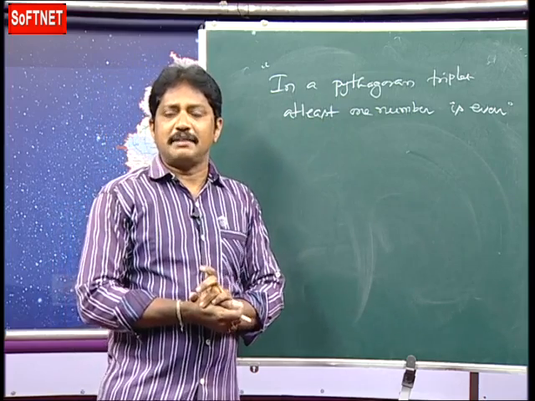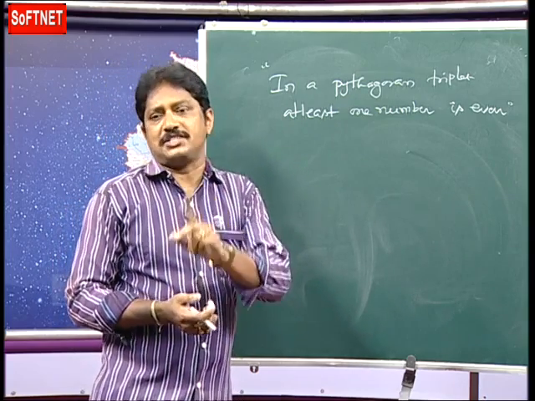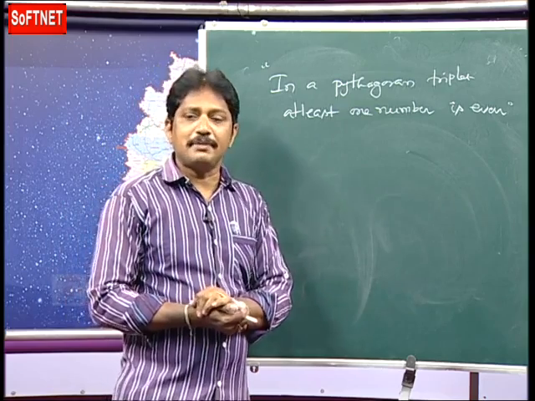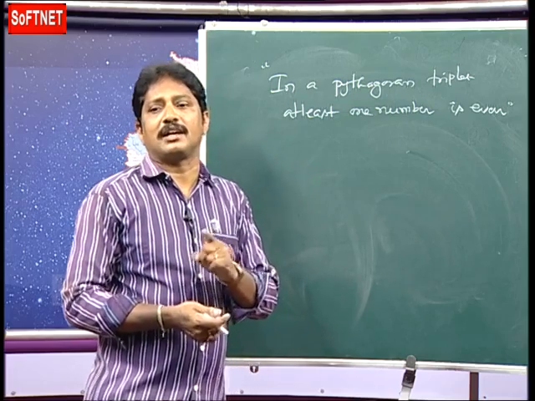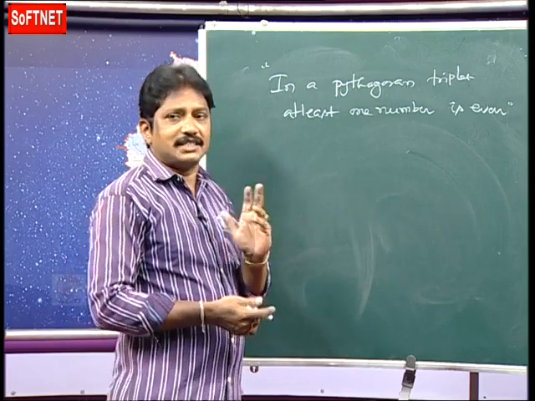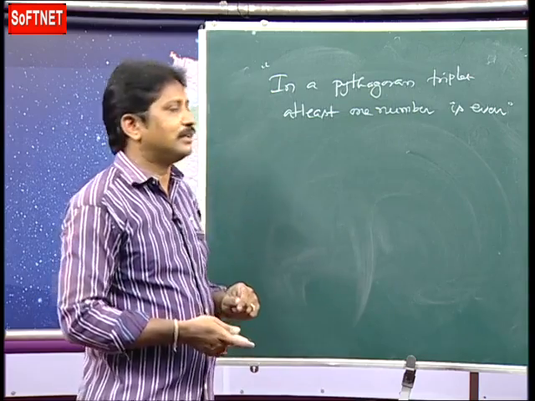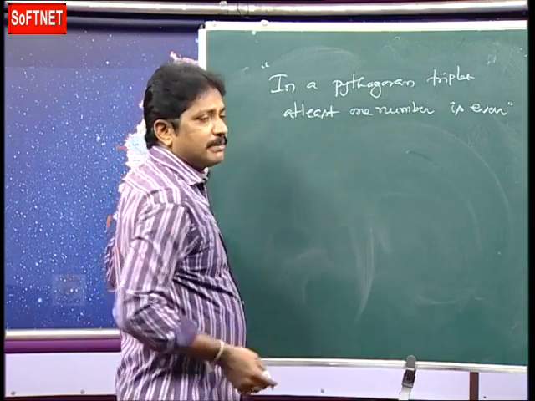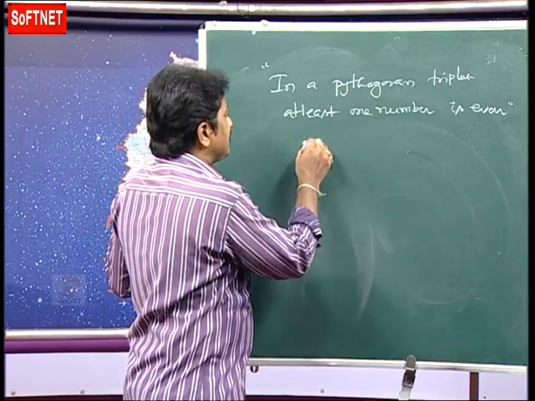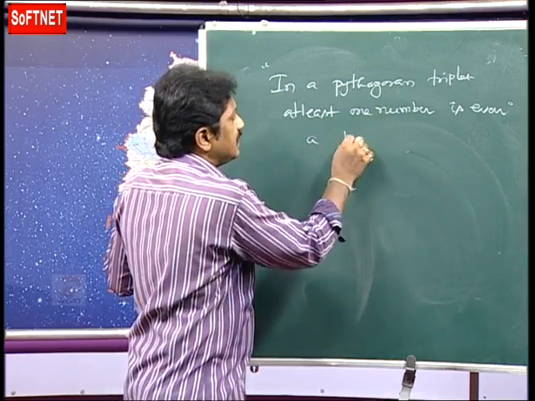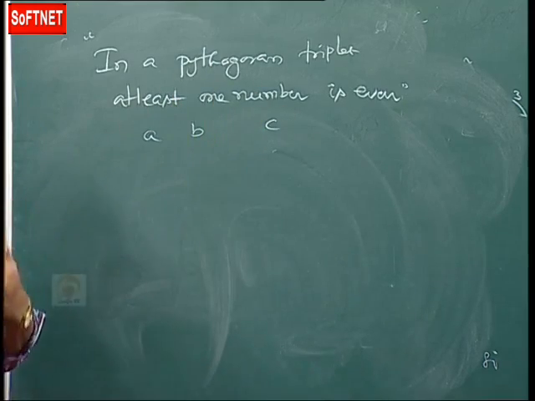If you take a number, it has a parity. That is, it may be an even number or it may be an odd number, correct? So taking these possibilities, the parities of the numbers, I am going to prove this statement. For example, I will take A, B, C, which is a Pythagorean triplet.